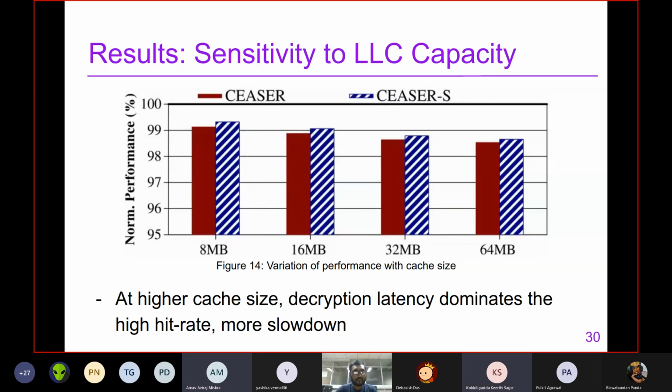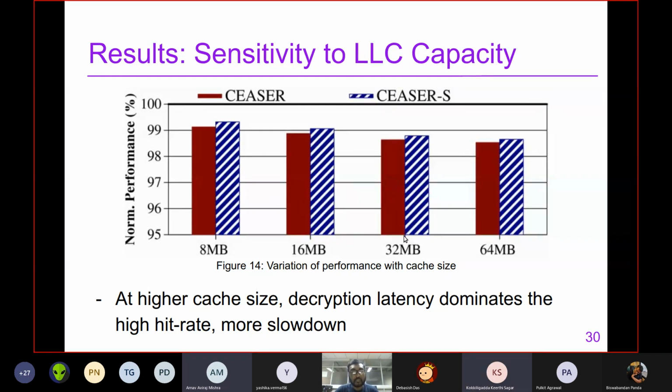No, but I still couldn't get it. My question was, if we increase the size of the cache, can we mask the overhead penalty due to all this encryption, decryption stuff? Because the performance penalty is basically due to decryption, right? Yeah, of course. This 32 MB cache, compared to this 8 MB, will of course be much faster.